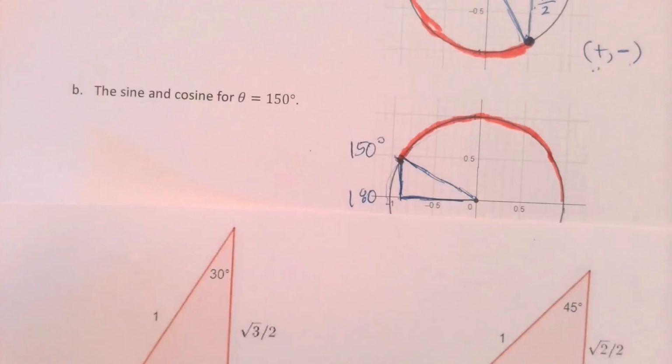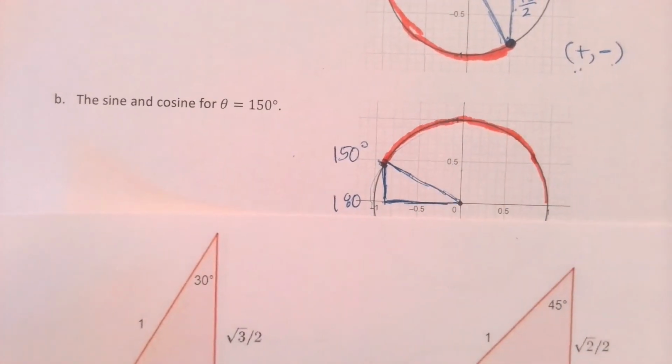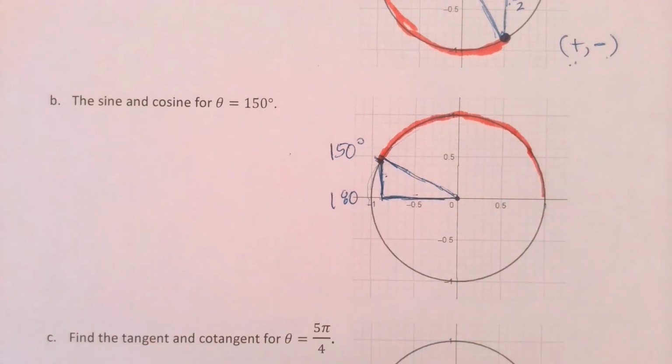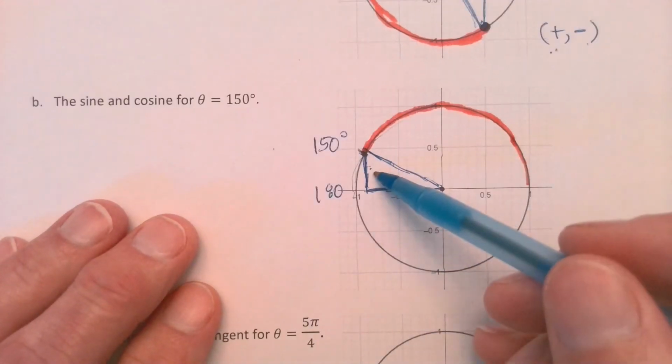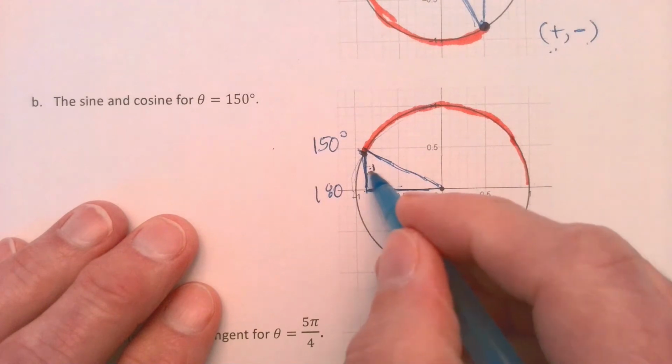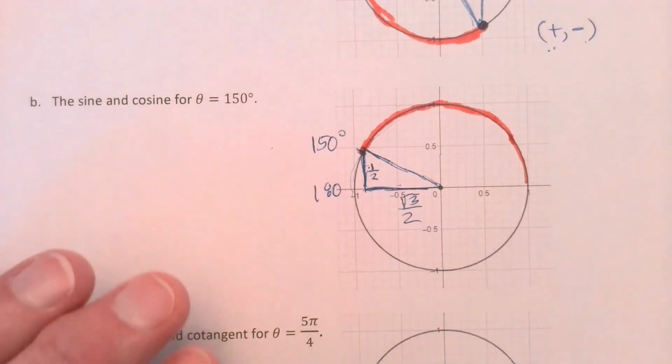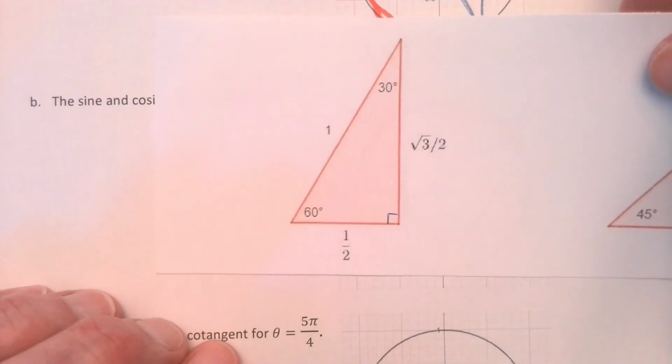Is that 30, 60, 90? Or is it isosceles? To be isosceles, these would have to be equal. They don't look equal to me. In fact, I think this one's the shorter one. So this has got a dimension of 1/2, and this has got a dimension of √3/2. Yeah, those are the things you're going to have to memorize off of this triangle.